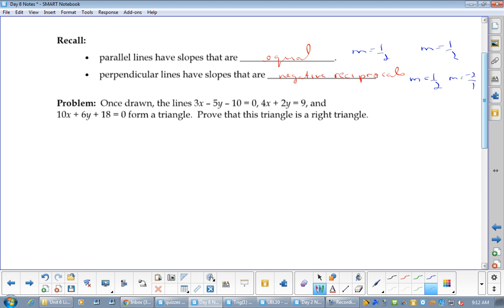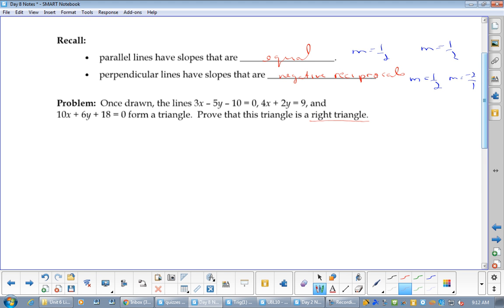Okay, it says once drawn, the lines 3x minus 5y minus 10 equals 0, 4x plus 2y equals 9, and 10x plus 6y plus 18 equals 0 form a triangle. Prove that the triangle is a right angle. What is a synonym for right angle?